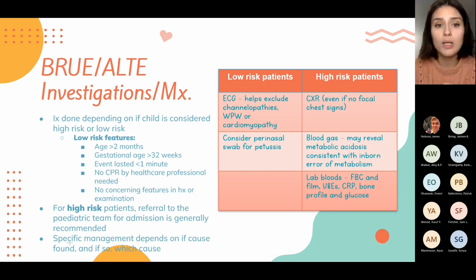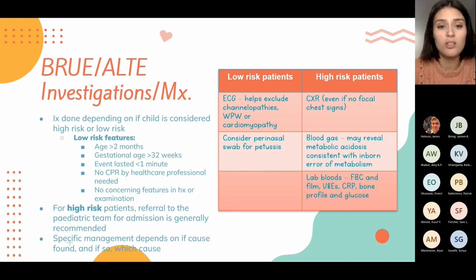These are the patients that you'd probably do a swab for pertussis, and you might do an ECG just to cover all bases, maybe a set of bloods, and then you'd probably send them on their way if they're all normal, and give safety netting advice.